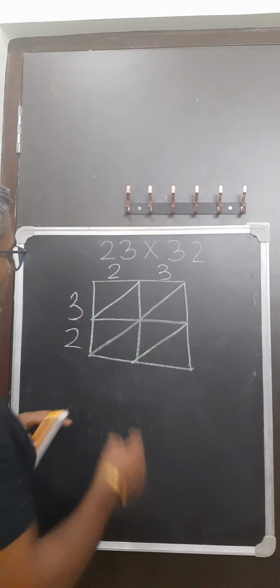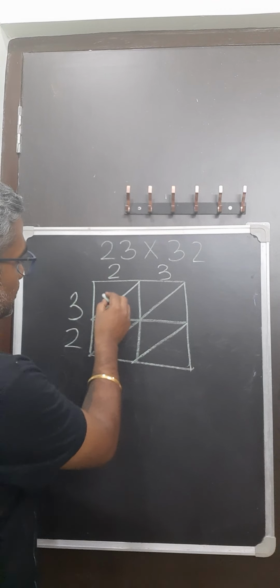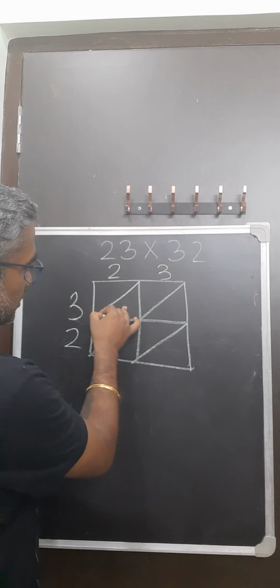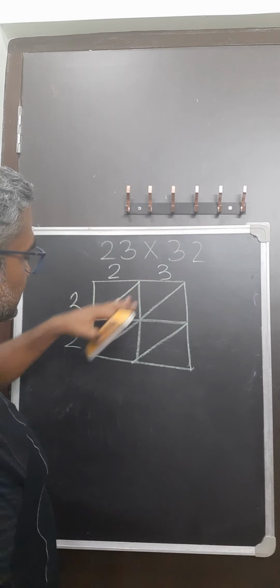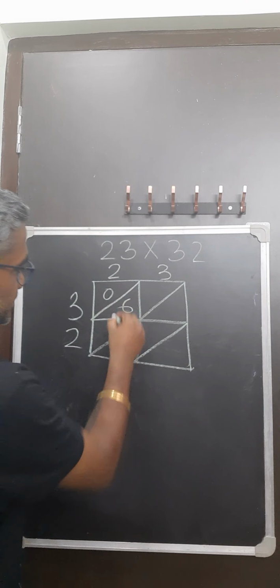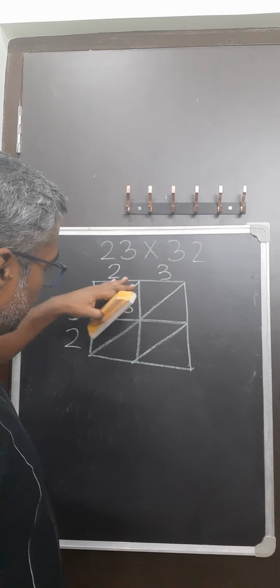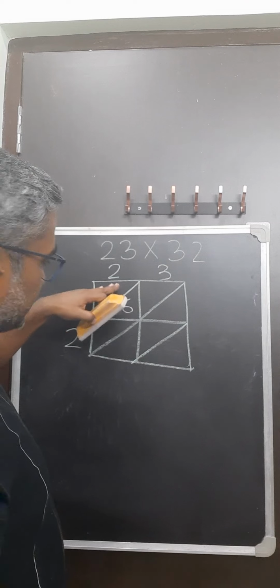Now first you multiply 2 cross 3, so it will come 6. As these cells have two parts, I will put the number like that, 0 here and 6 here. Because it is a single-digit number, I put 0 in the second place.